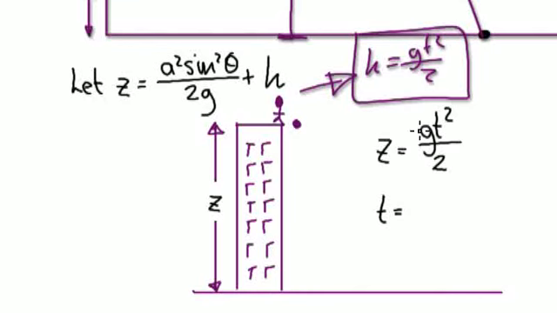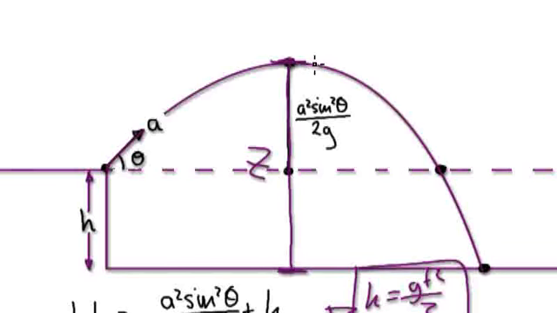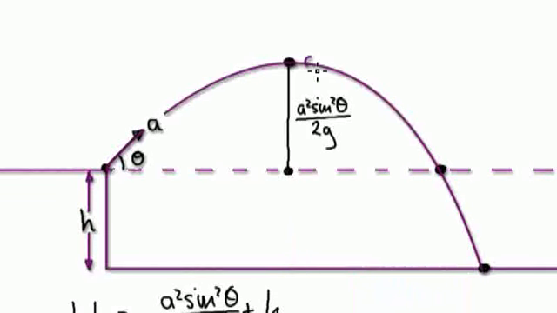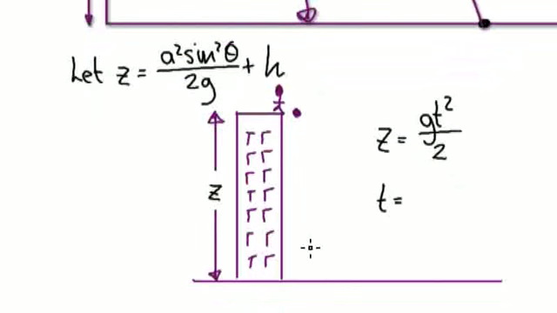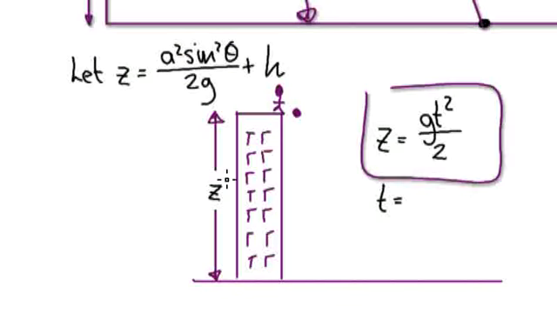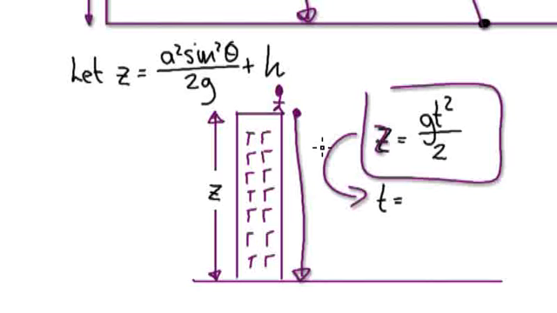So z is this, and so we are really asking how long will it take for the cannonball to free fall from here all the way down to here. So you would basically solve this. So z equals this, and then work backwards to find out t. That will give you the time it takes to get down to here.